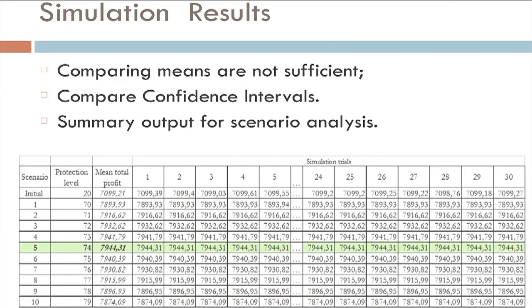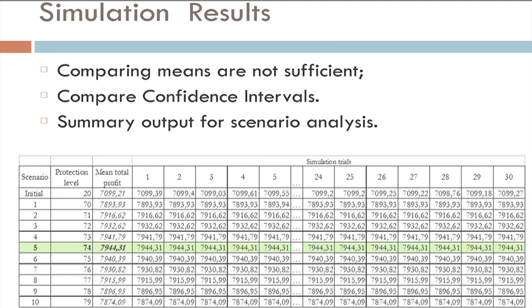And from this table, we can observe at the 5th row, where the protection level is 74 seats, we get the maximum mean total profit, which is 7,944.